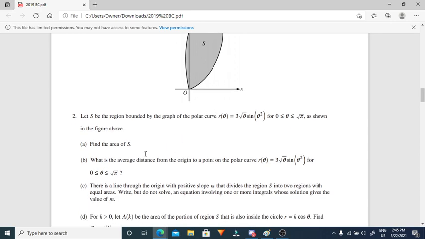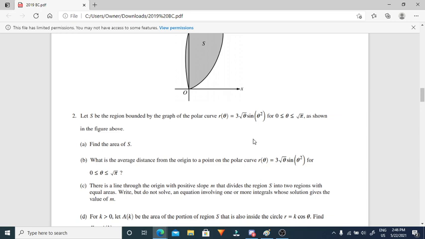If we add up all possible r values and then divide by the number of r values we have, that'll give us the average r value, which is the average distance to the origin. Well, obviously we can't just keep plugging in numbers for theta. In order to do that kind of infinite sum, we use the integral.